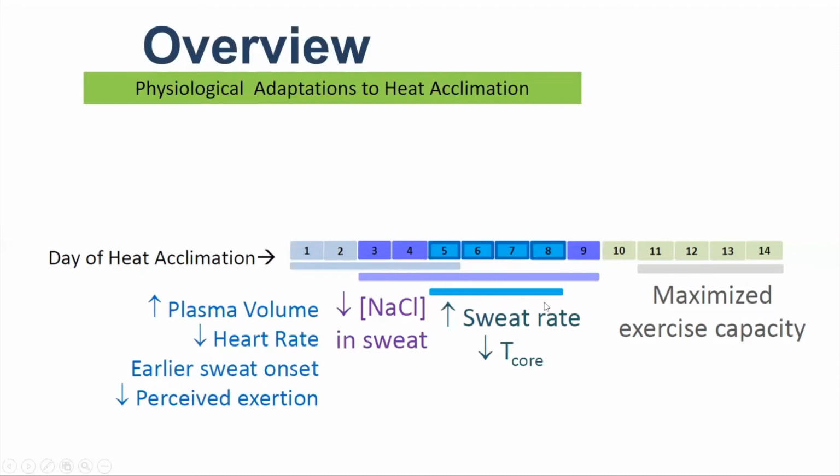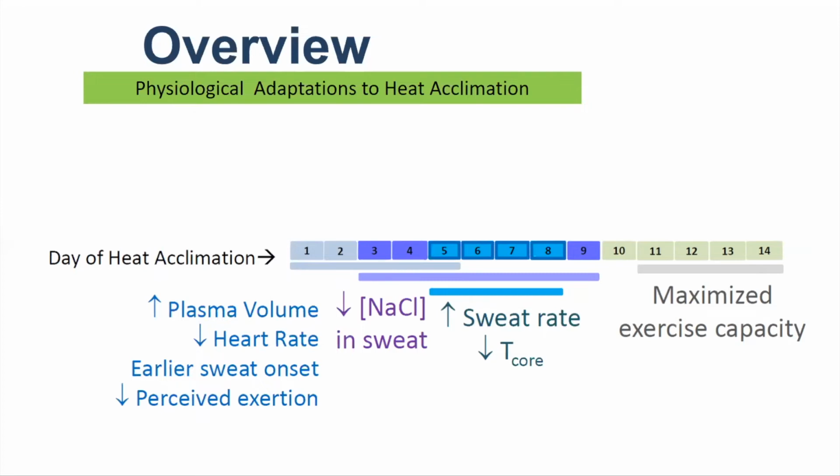On days 5 to 8, this is when we see an increase in sweat rate, where if we were to measure the amount of sweat a person were to lose by taking pre and post nude body weights, we would be able to see that on day 10, they would have lost much more weight due to sweat loss versus day 1.